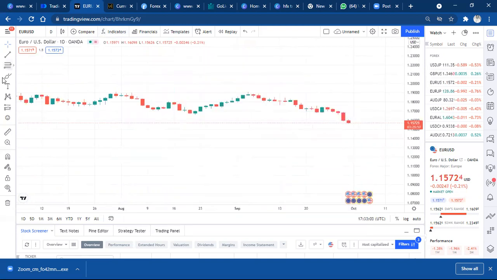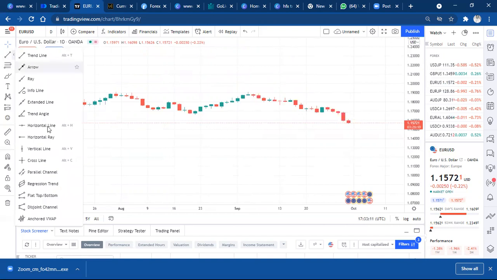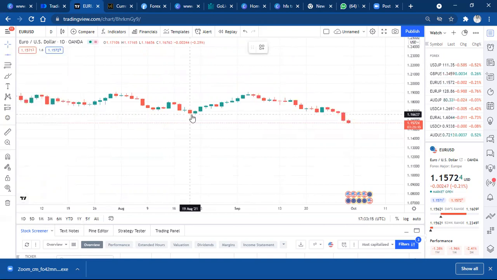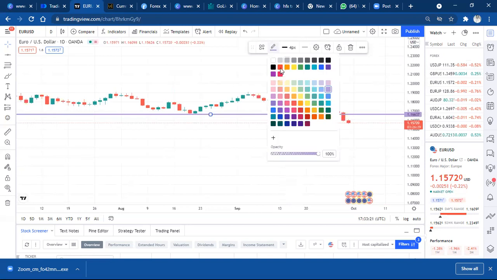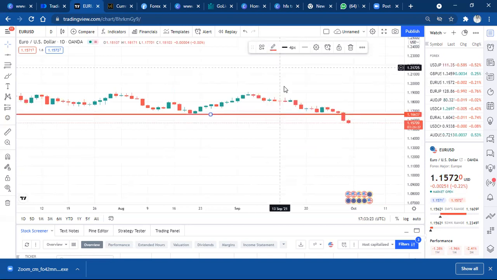Now, on the vertical pane, the things you need, one is your lines. This represents lines. So you can take any one of the lines you need here. You can use this to draw a horizontal line, and you can change the color to red. You can change it to blue, depending on what it represents.